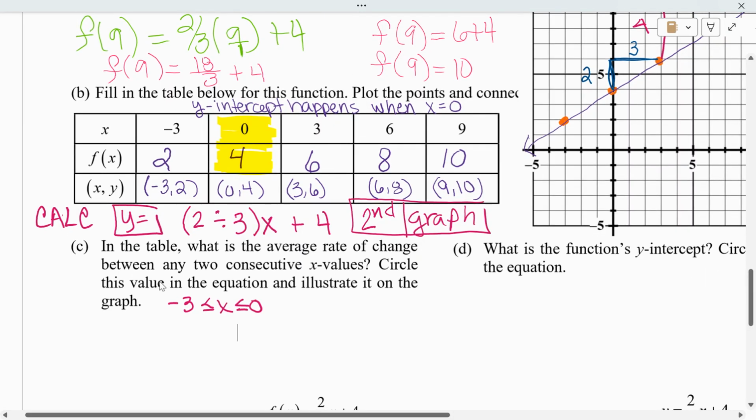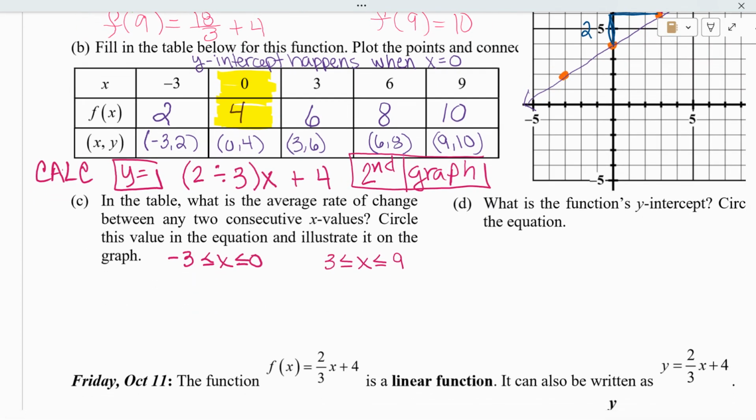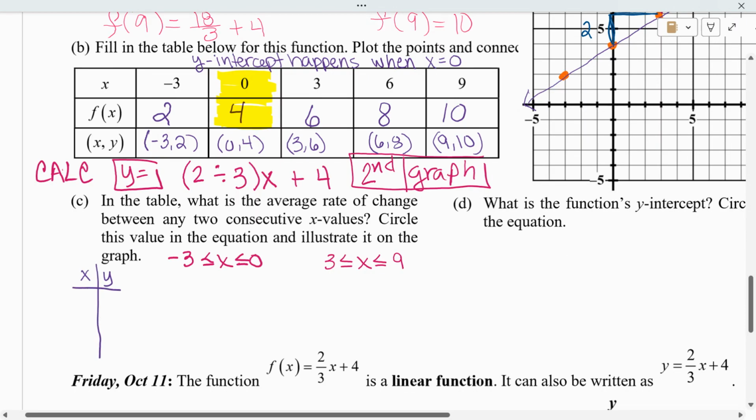And then we'll figure out the average rate of change from 3 to 9. Do we remember how to do average rate of change? Okay. So we make a table, right? These are our inputs. So we just make a little XY chart. So I have an input of -3 and an input of 0. When x is -3, what is my output? 2. When x is 0, what is my output?